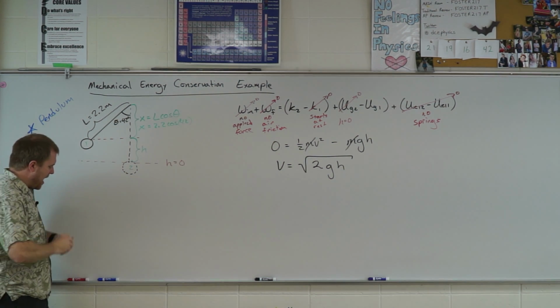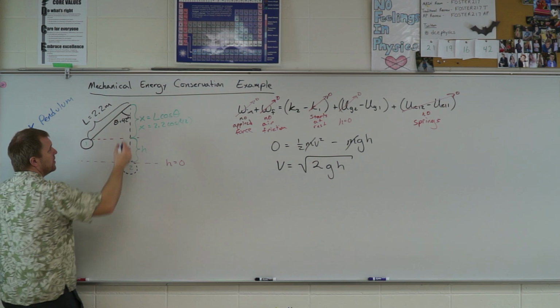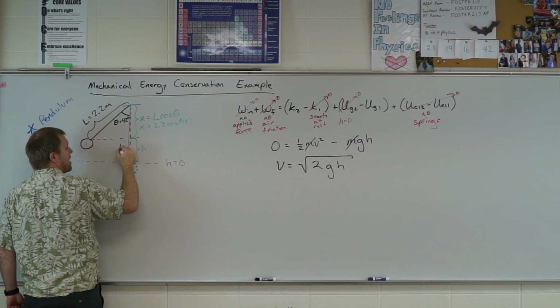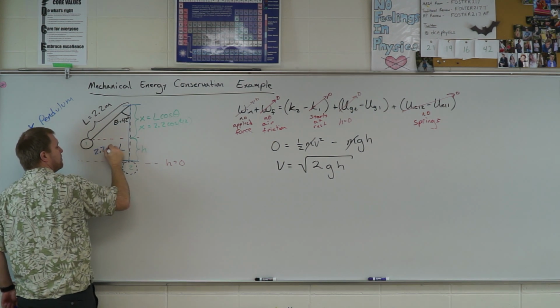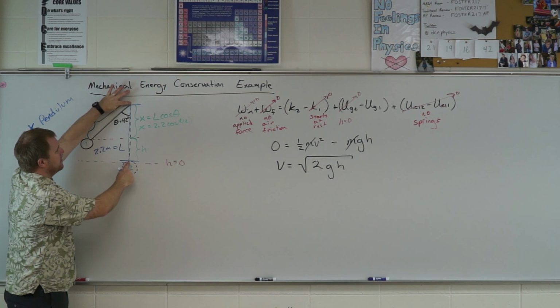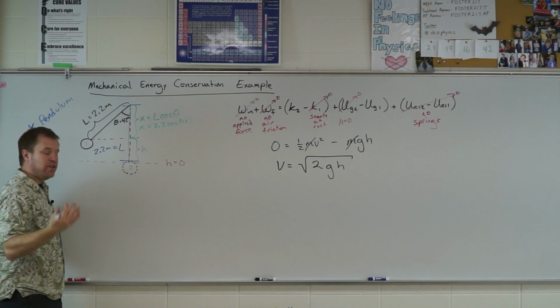So now I know what that x is, and I do know the length of my string. It's that 2.2 meters. So if I want to find this height, I just have to take that total length, subtract off that x value, and we'll have our number.